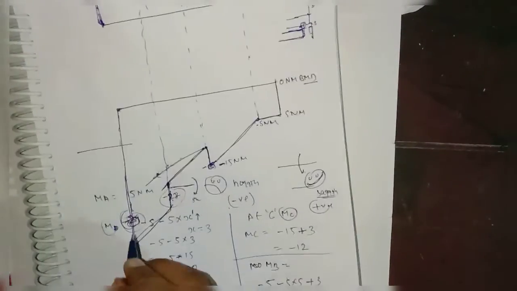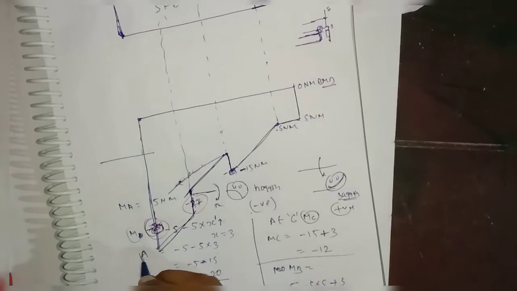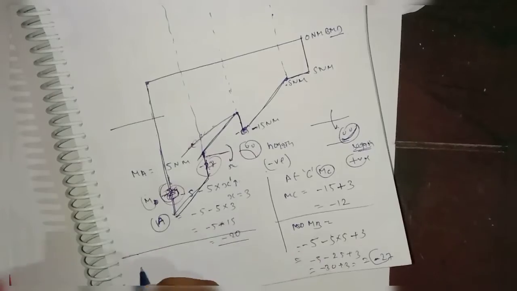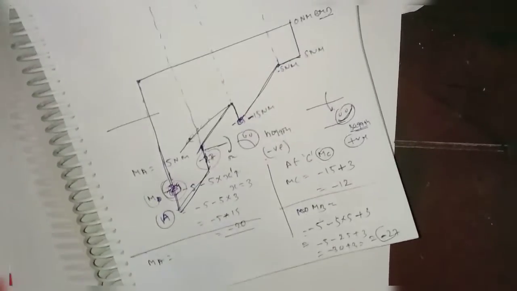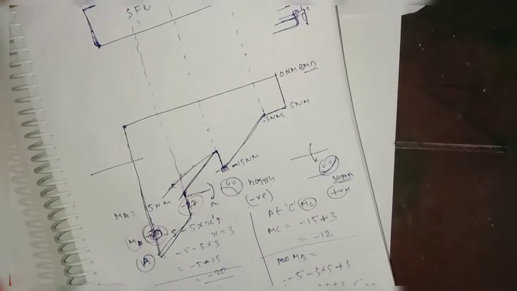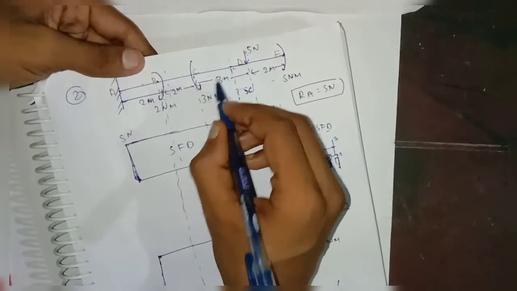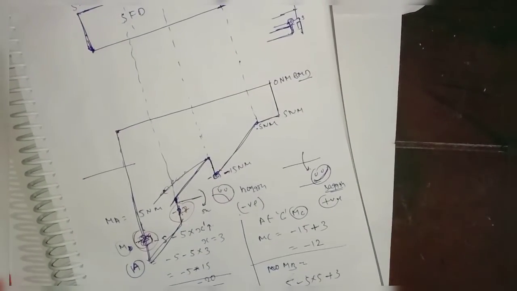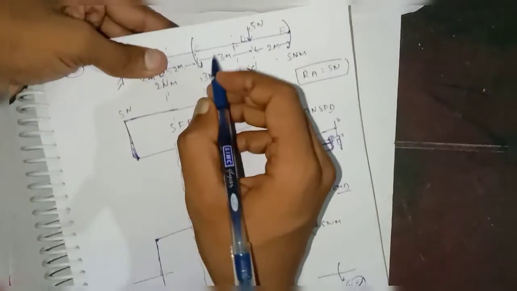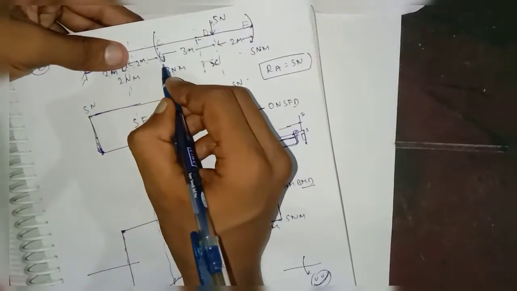And here, I want to find the moment at A. The moment at A is nothing but minus 5 into 3 plus 2 plus 2, right? So 3 plus 2 plus 2 is nothing but minus 5 into 7. At C, this is sagging, right?